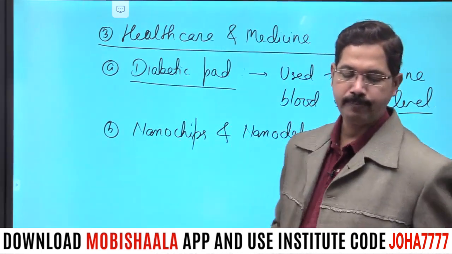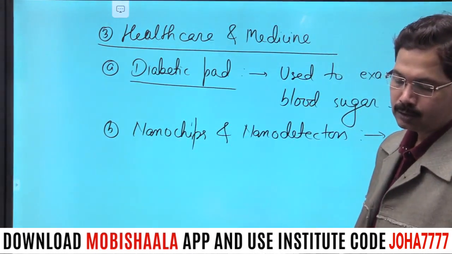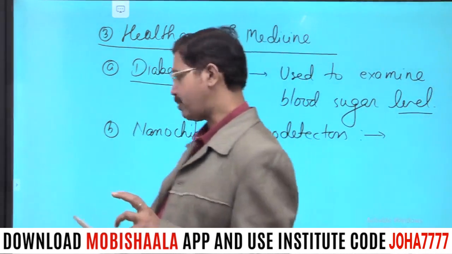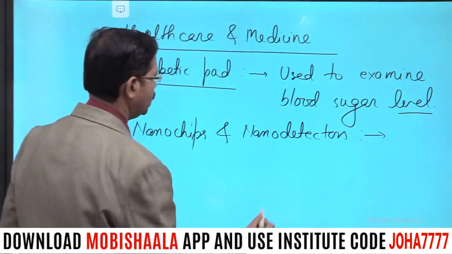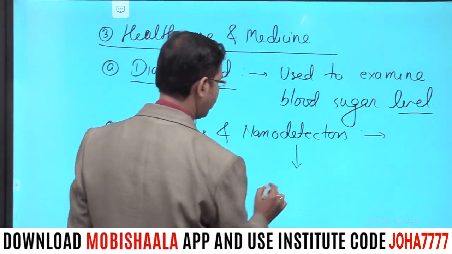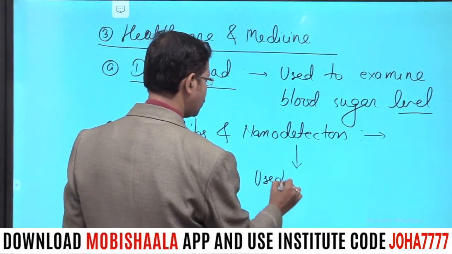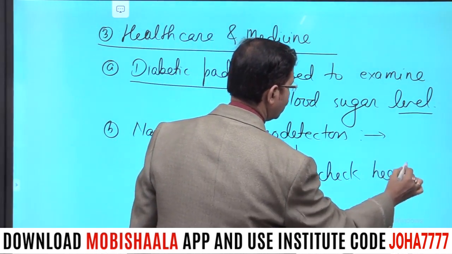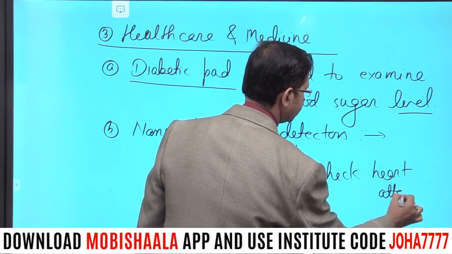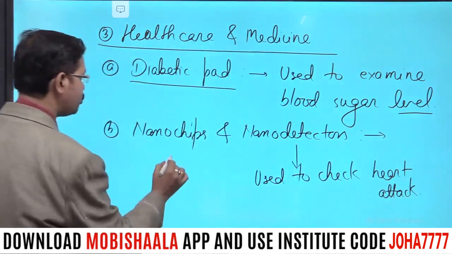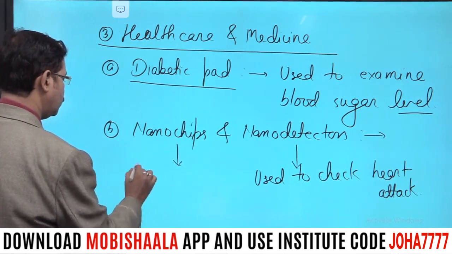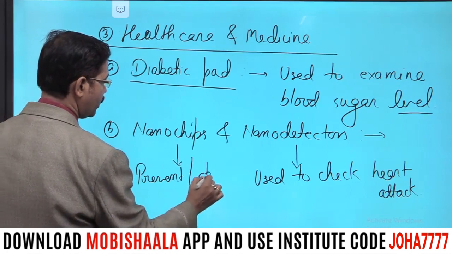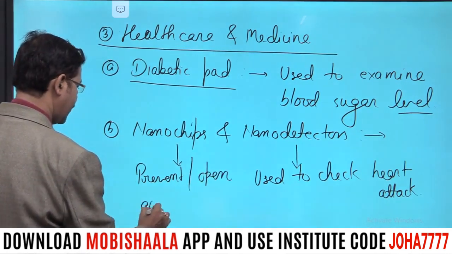On the other hand, the nano detectors are used to prevent heart attack. This nano detector is used to check or prevent heart attack. And this one is used to prevent or open artery blockage.